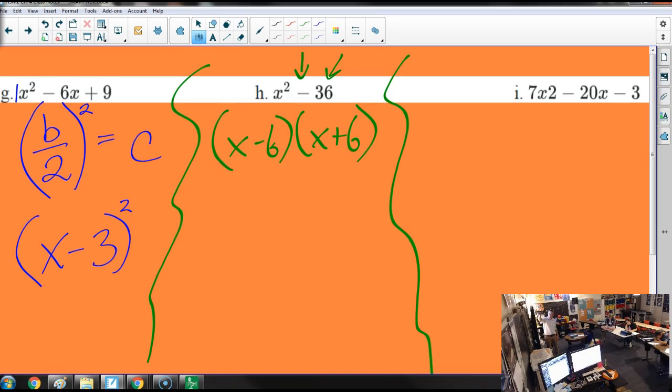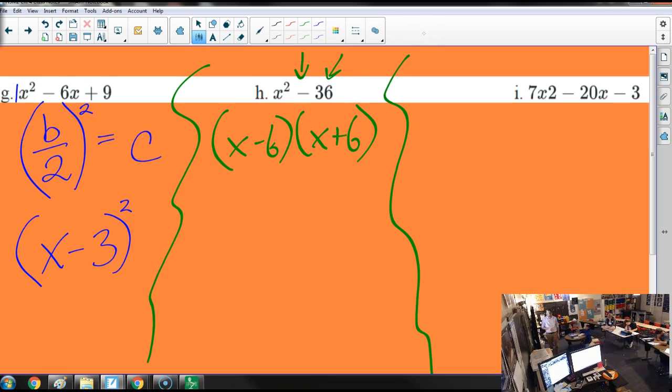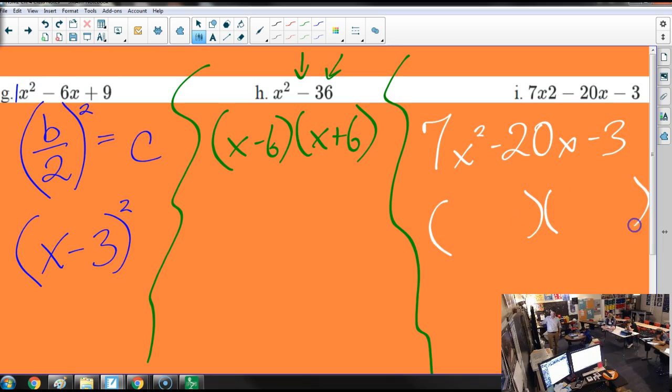And 7x squared minus 20x minus 3. So in the old school method that Mr. Smith and I were talking about earlier, what we would know for sure is we need a +1 and a -3, or a -1 and a +3.